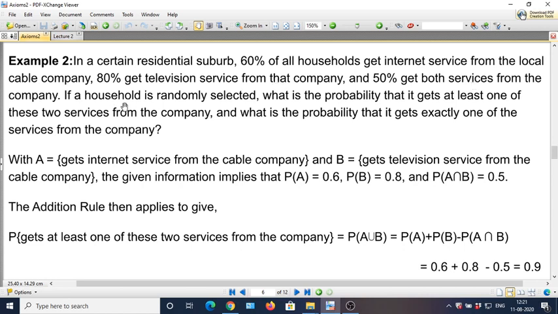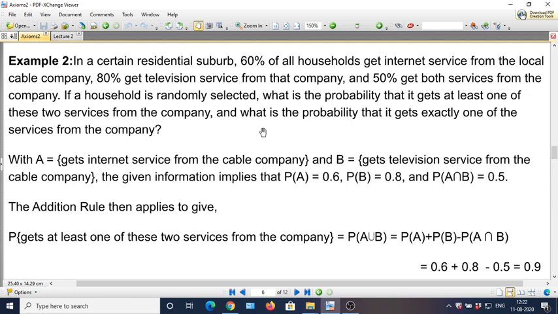The question we would like to answer is, if you randomly choose a household, what is the probability that it gets at least one of the two services from the company? And another question is, what is the probability that it gets exactly one service from the company?